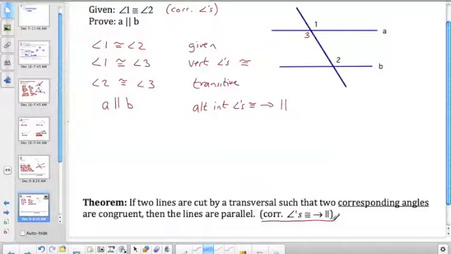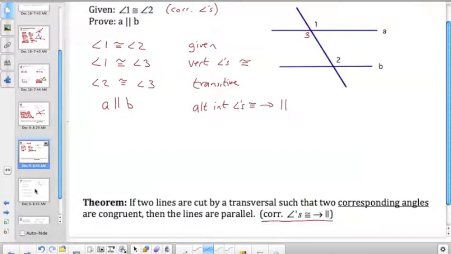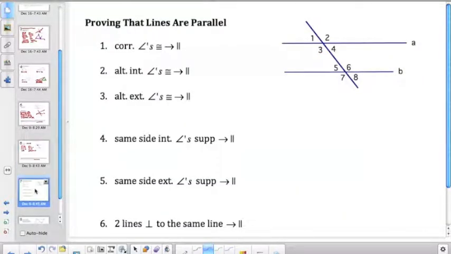So as I said, we have a lot of theorems to prove lines are parallel, but they're all pretty similar. It just depends on what angles we're given. So, here are the 6 ways to prove that lines are parallel.